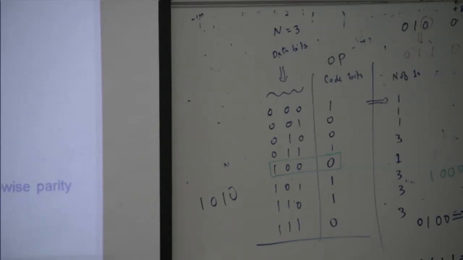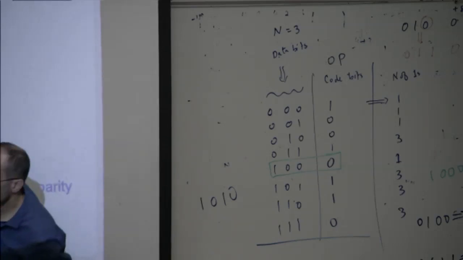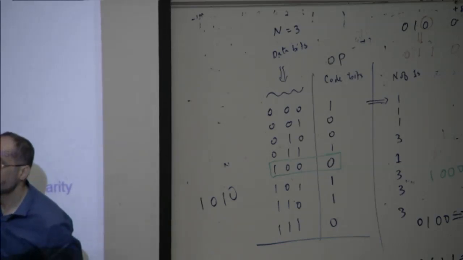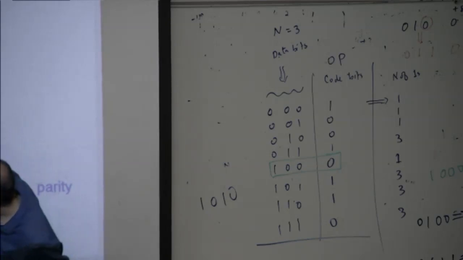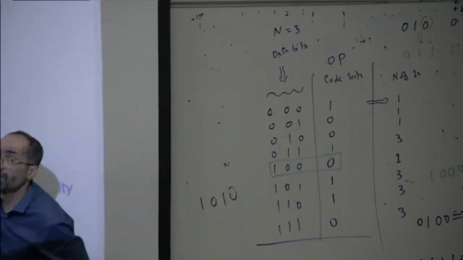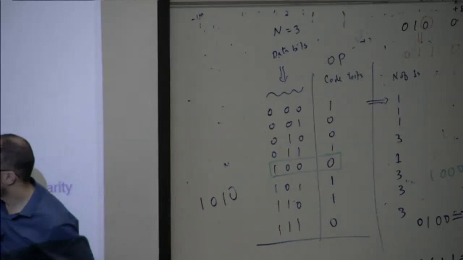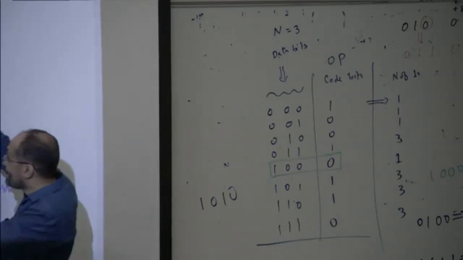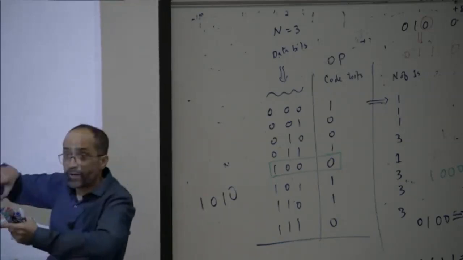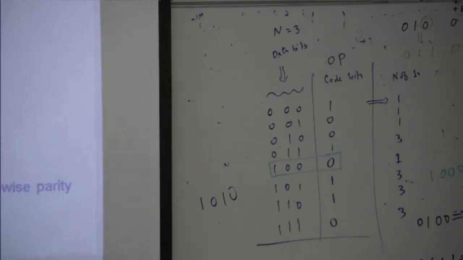Can you see here how many ones in this column? 3. We put a 0 here. Okay. Now 1 1. How many? 2. Make it 1. So when we send this data, we send the complete data, so it will calculate the column-wise parity and the row-wise parity, and if there is a change, it can detect some errors in the code.